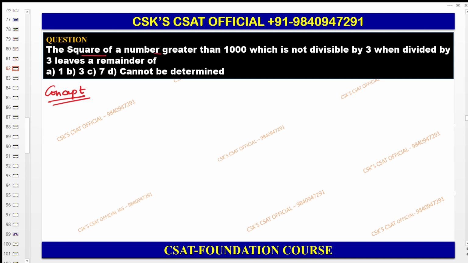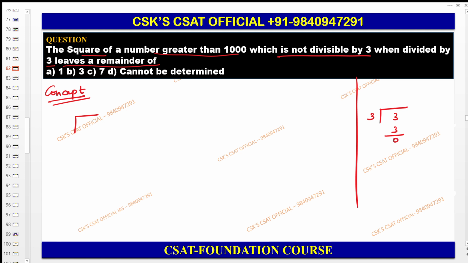The square of a number greater than 1000 which is not divisible by 3, please remember, not divisible by 3, when divided by 3 leaves you a remainder of. Now first of all understand the concept here. Let us take a simple number. I am taking 3 here. This is not the square number, listen very carefully, I am just dividing with 3, right.